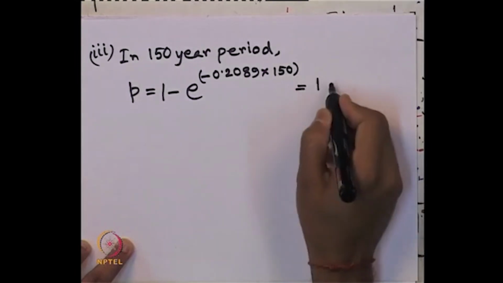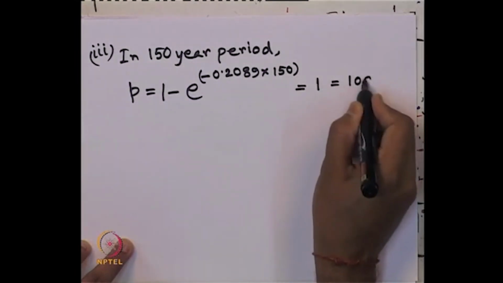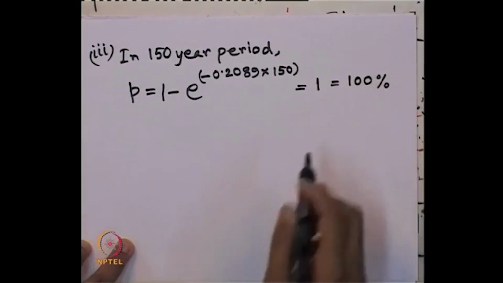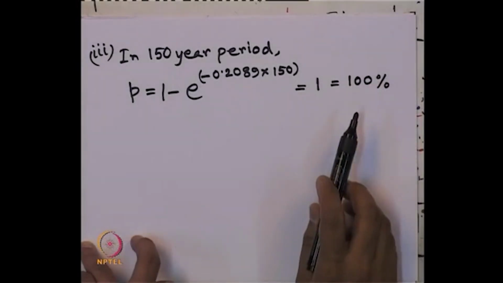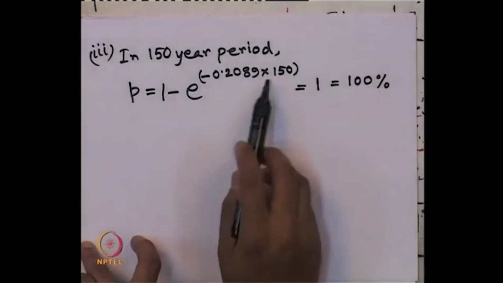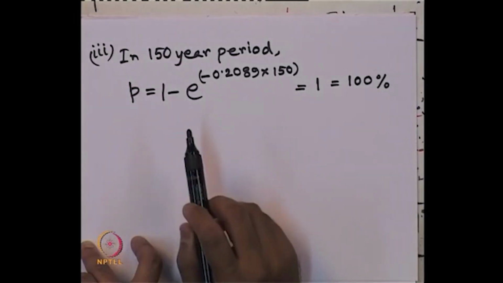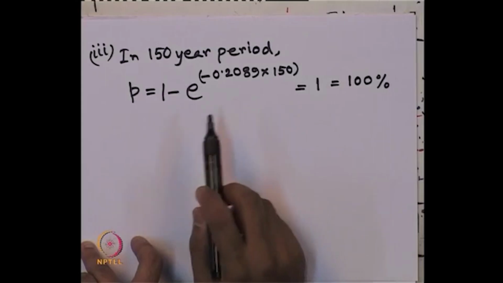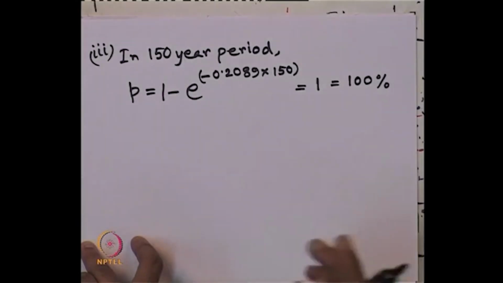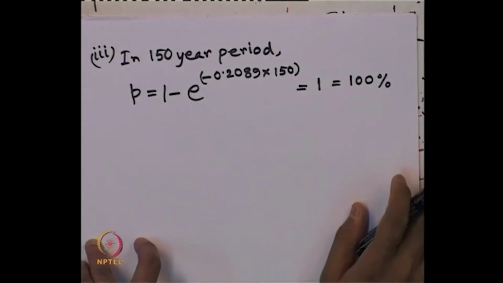That is 1, meaning 100%. That means it will always occur in a 150-year time span: at least one earthquake greater than 6.5 magnitude in that locality, where this Gutenberg-Richter equation is given over there.